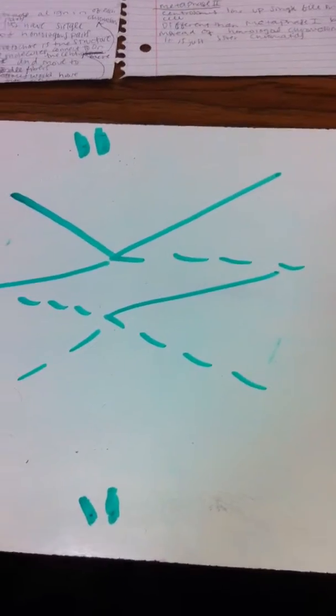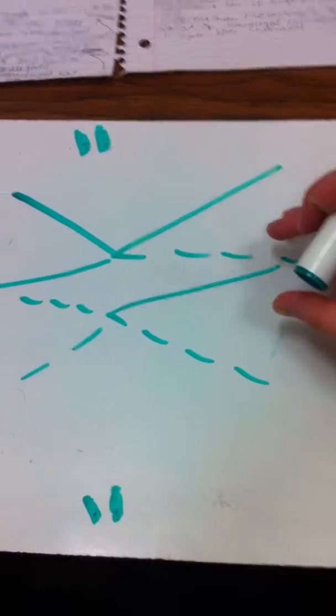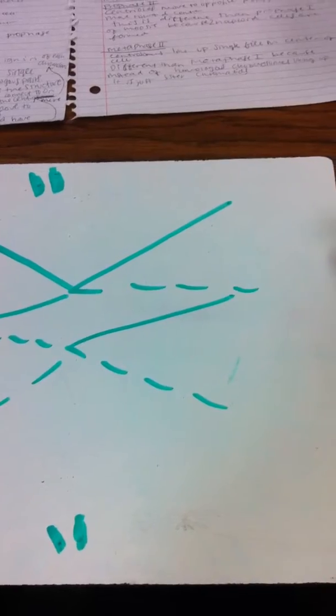So the next phase is called anaphase 1, and these homologous chromosomes are going to separate and move to the opposite sides of the cell using spindle fibers. So that's going to look like, it's going to kind of be like this. Maybe start being pulled that way.